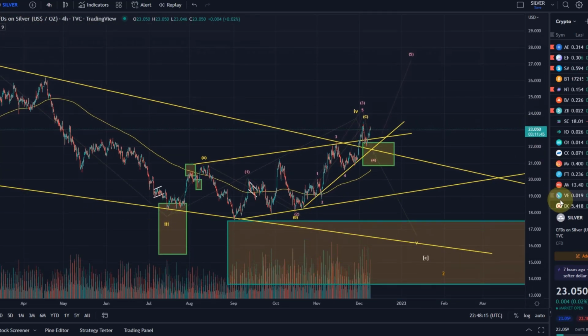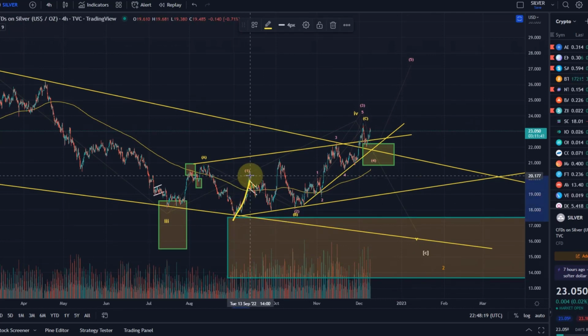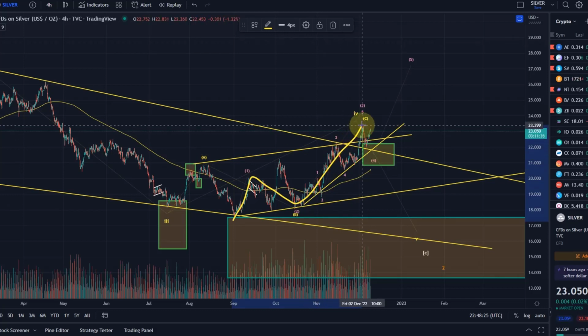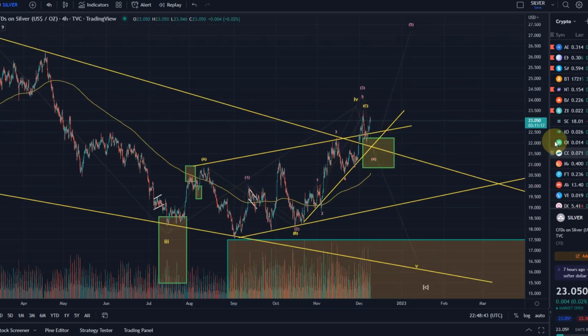It's the breakout count, where we say we moved up in a wave 1, we came down in a wave 2, we moved up in a wave 3, topped here at around $24. We came down in a wave 4. That could be finished now that we've left the target area, the support area for that wave 4 that I showed you in the previous video, and we could be moving up in a wave 5 now. We only have 3 waves at the moment.